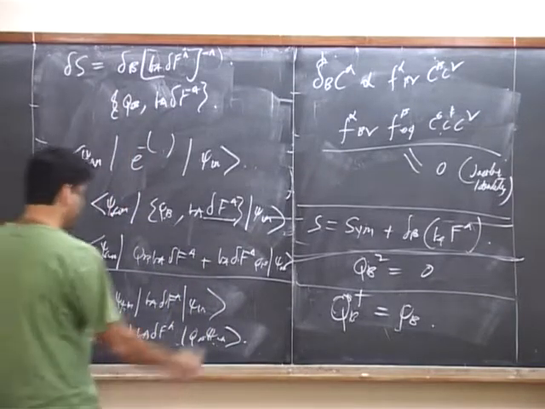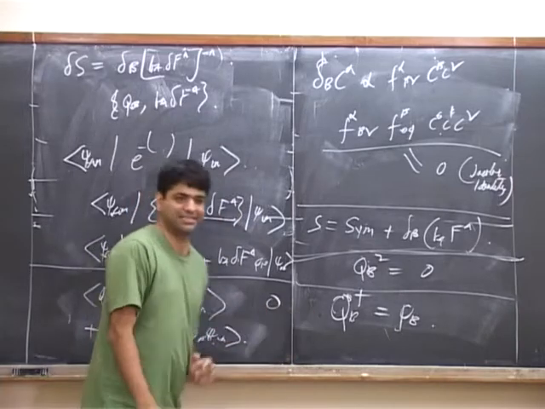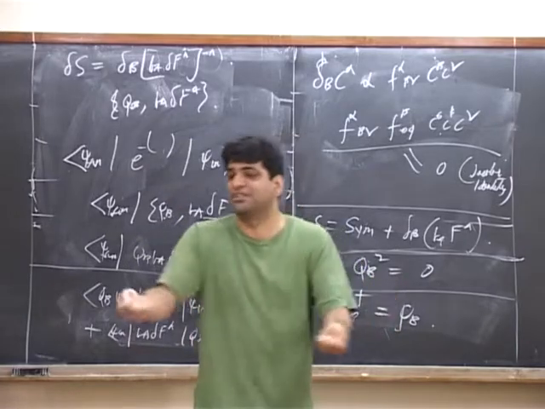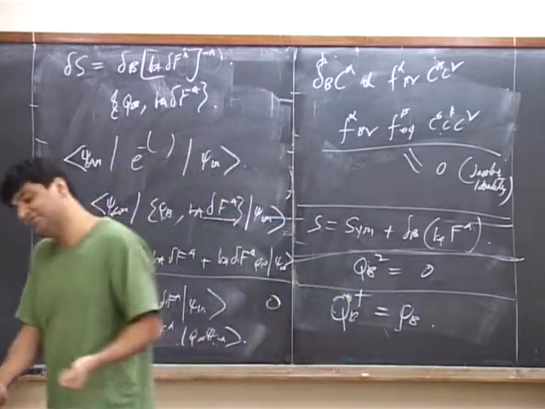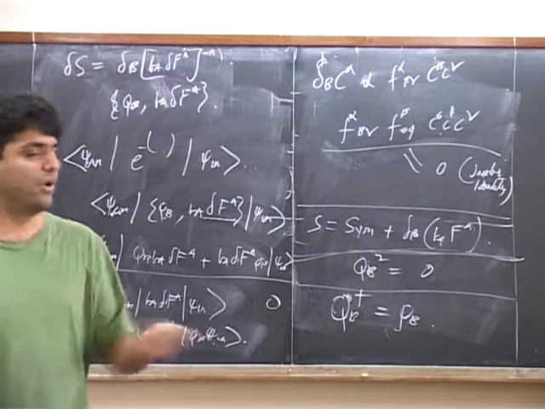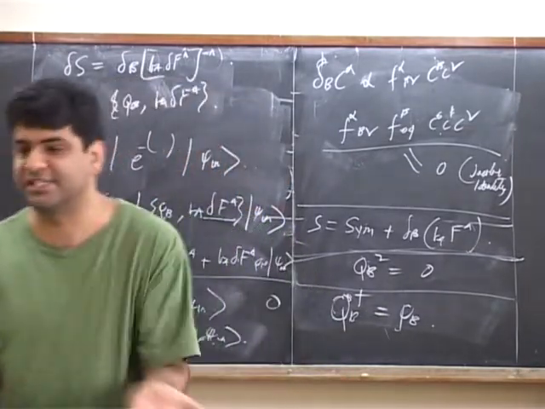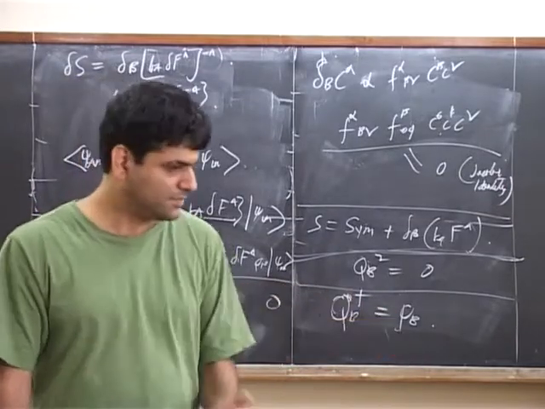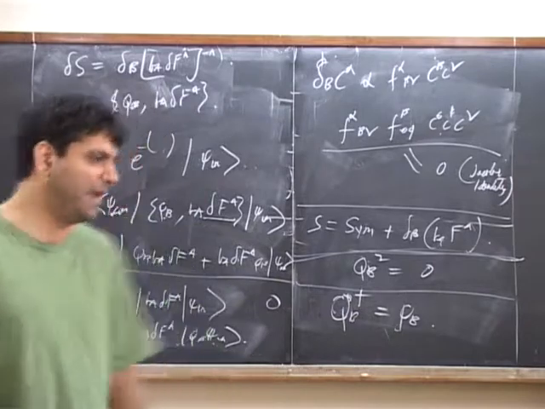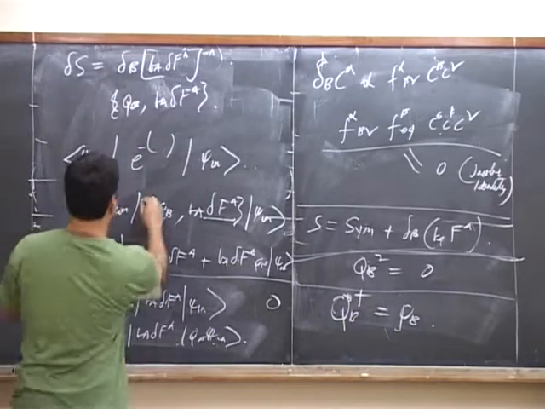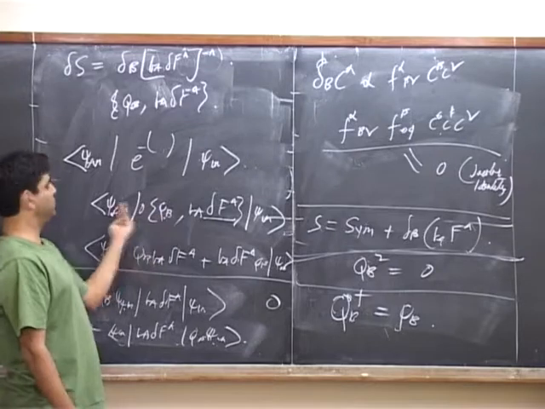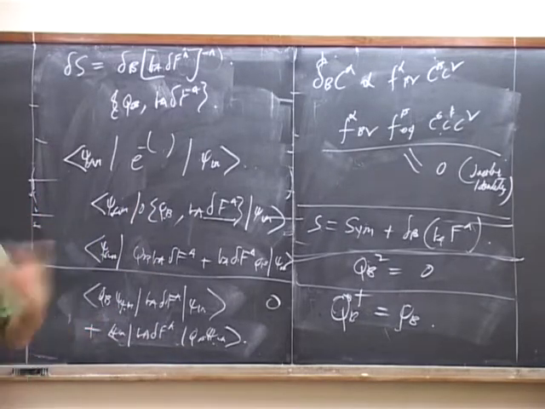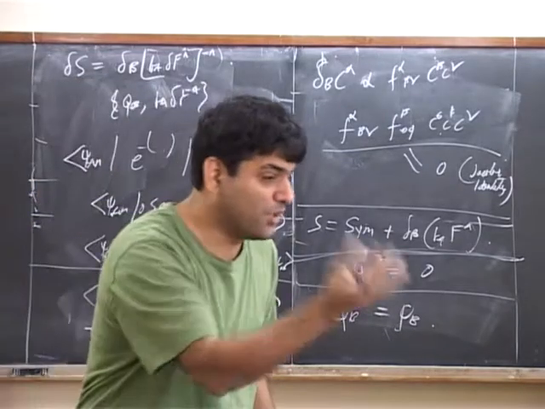Similarly, if we were interested in an operator acting on these states, we will also require that all correlation functions that are meaningful in this theory are correlation functions of operators that commute or anti-commute, depending on statistics, with the BRST charge, for exactly the same reason. Provided it commutes or anti-commutes with the BRST charge, you put some operator here, you can run this Q through that operator and it will annihilate the state. If it didn't, you couldn't, and the calculation would depend on the choice of gauge fixing function.